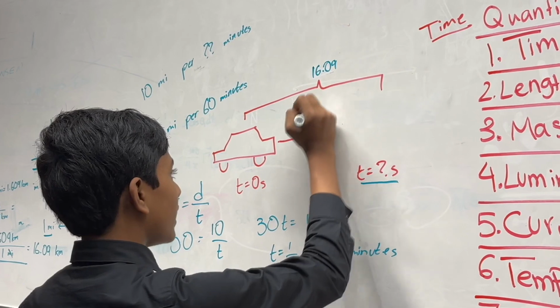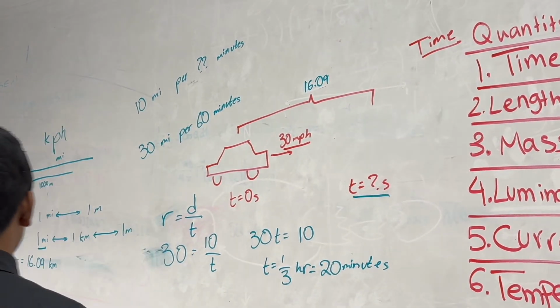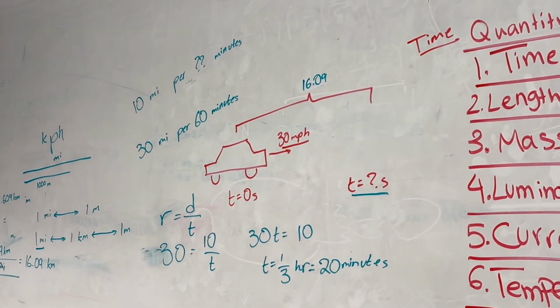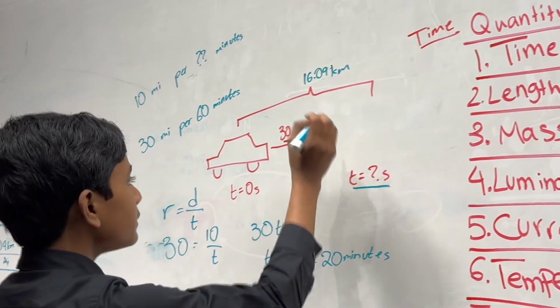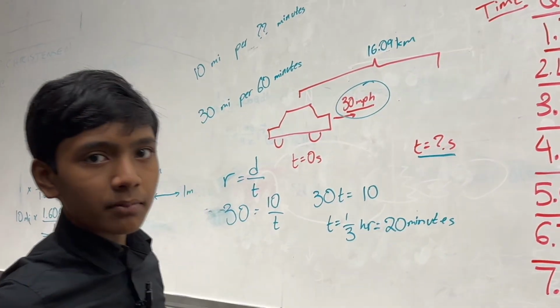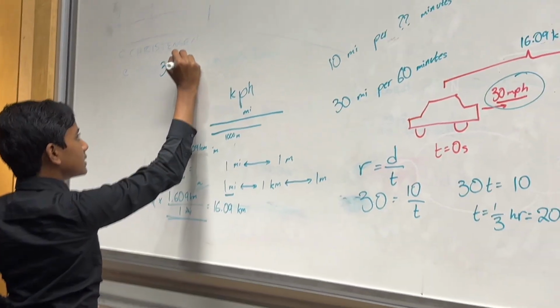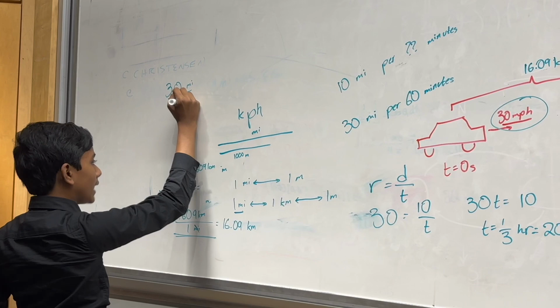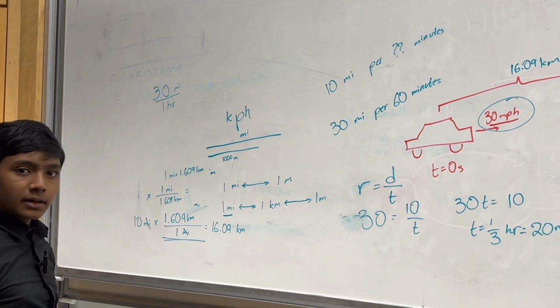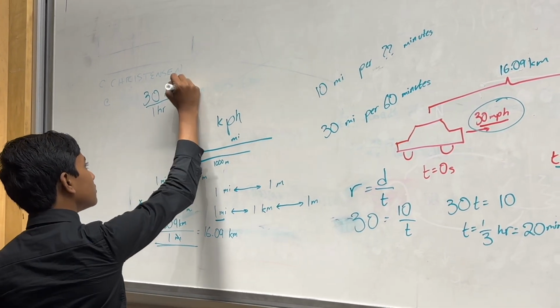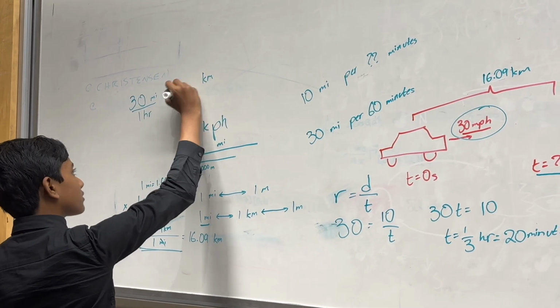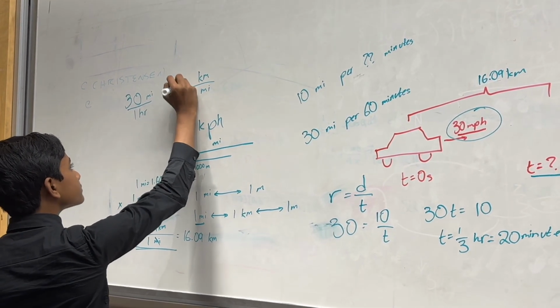And in a similar way, we're going to have to convert 30 miles per hour. Sorry, kilometers. In a similar way, we're going to have to convert this speed number. So, this is a little more complicated because it's 30 miles per 1 hour. And now we need to multiply that by our mile to kilometer conversion factor, which looks like this.